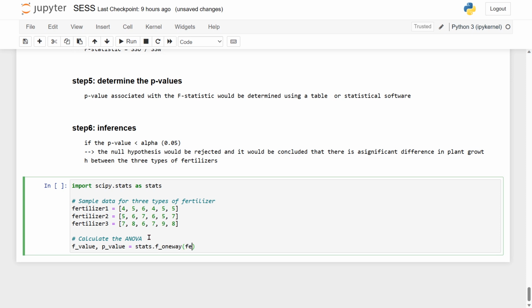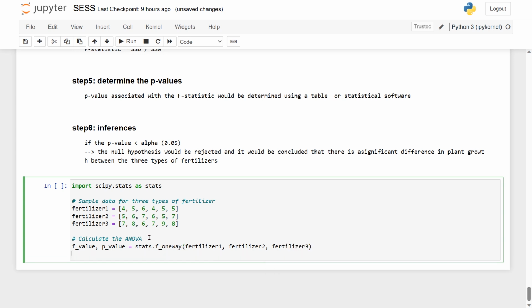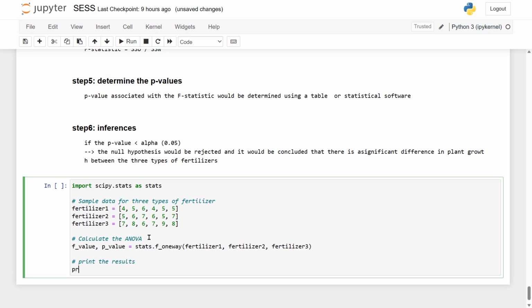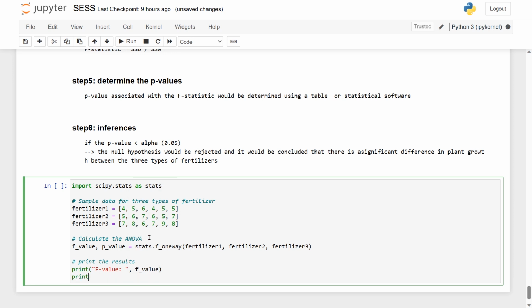Then fertilizer 1, fertilizer 2, fertilizer 3. That's it. Now let's print the results. Print F value and also print P value.